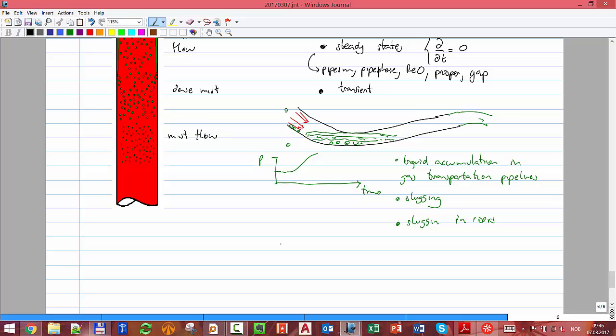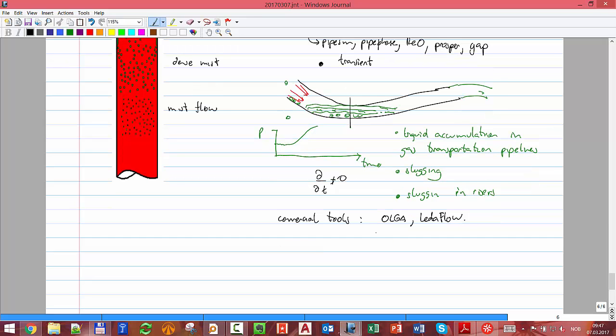Those tools are commercial tools, for example Olga or LedaFlow. When we want to look at the transient term, particularly what is going to happen with certain things, for example how much liquid is going to accumulate, we need to use another tool. It's called a transient multiphase flow simulator.